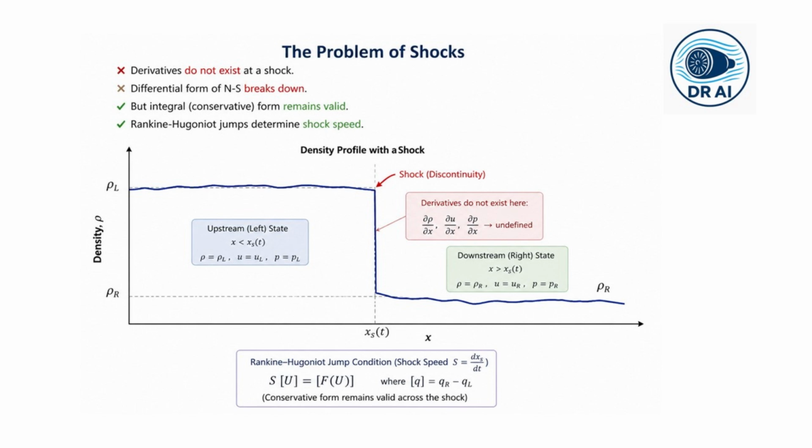I have seen simulations where the total mass drifted by 5% over a few thousand time steps, completely unacceptable. So the telescoping property is not just a neat mathematical trick, it's a foundation of reliable CFD for compressible flows.